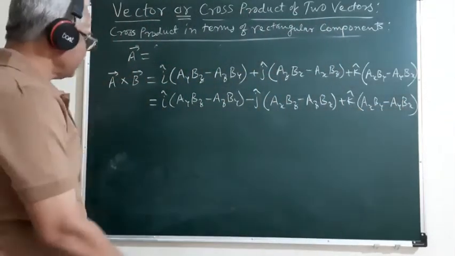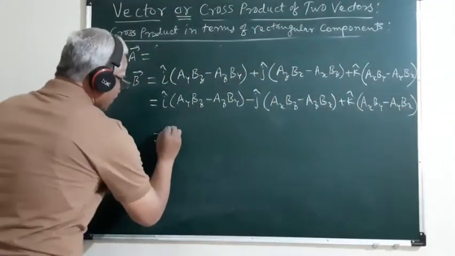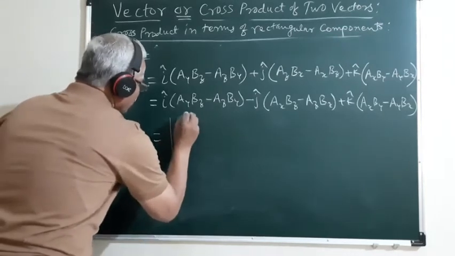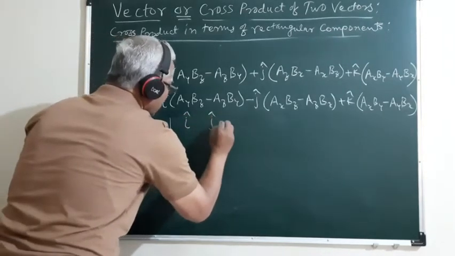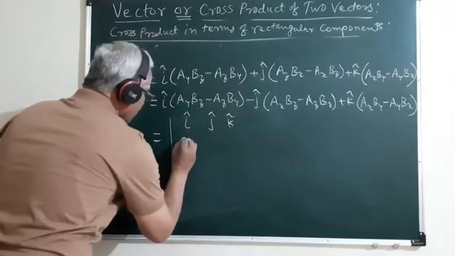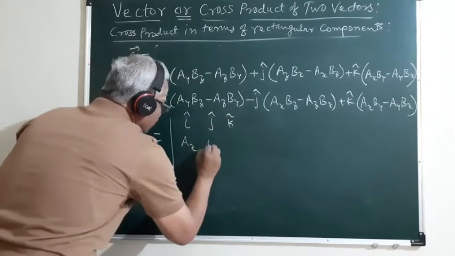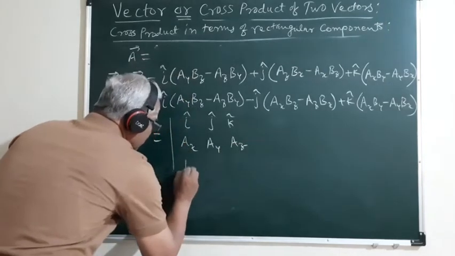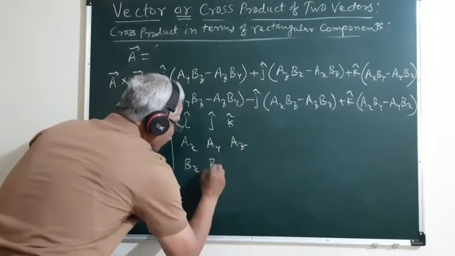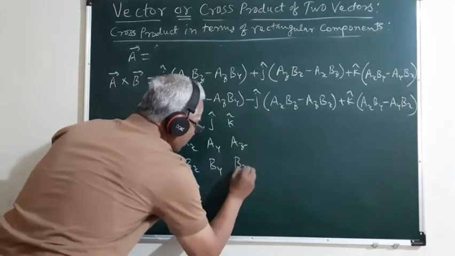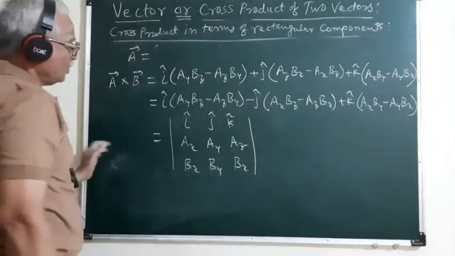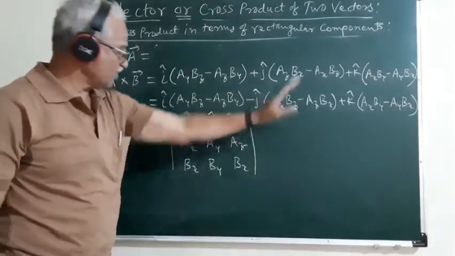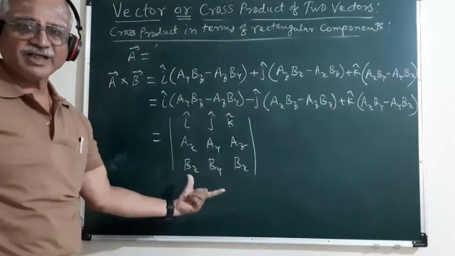And this is nothing but the determinant of unit vectors i, j, k, the components of the first vector in the product, and the third row is the components of the second vector in the product. So we can express this cross product in the form of determinant.